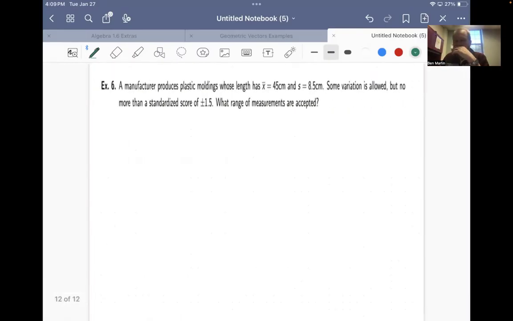All right. Last one here. So this is actually relating back to something that I actually did in college. I worked at a job in a factory where we were producing these plastic moldings. And the manufacturing process means that there will be some variation that happens.